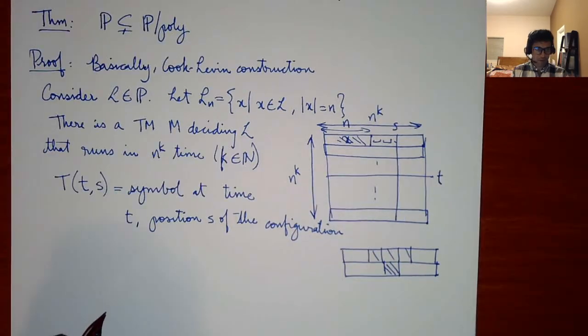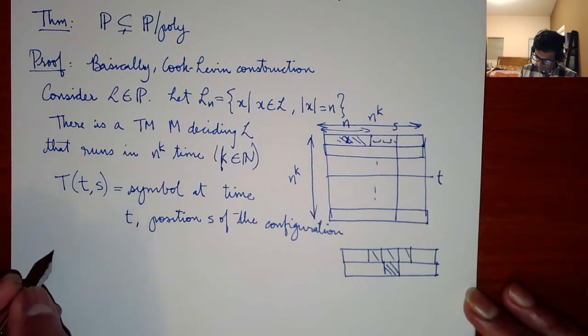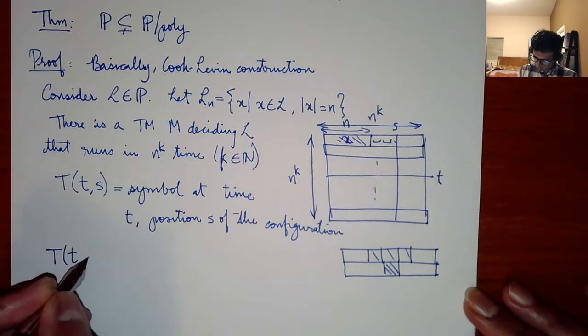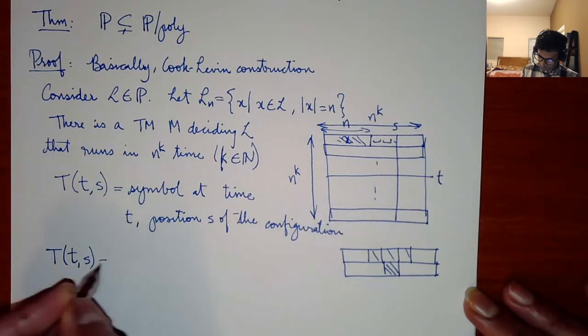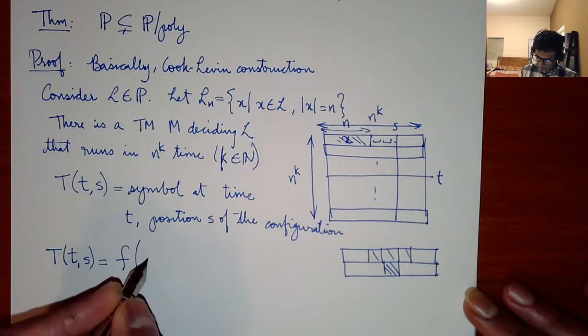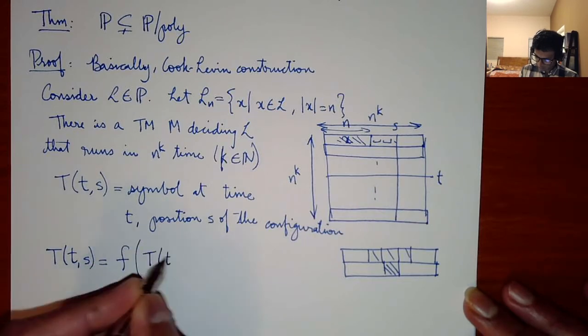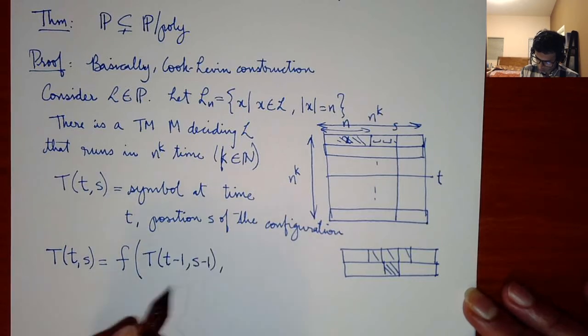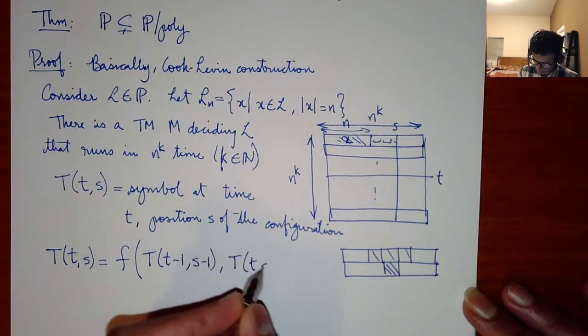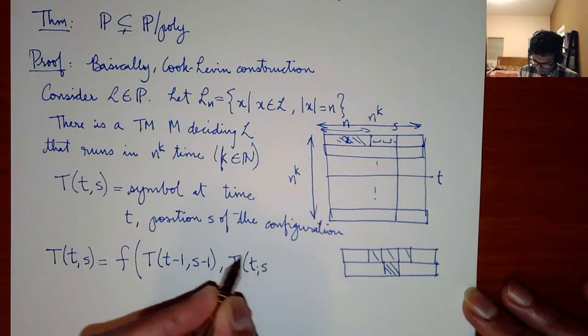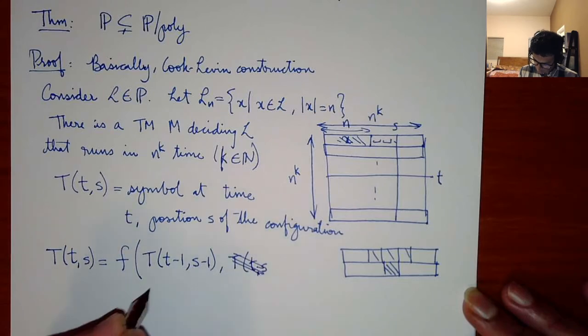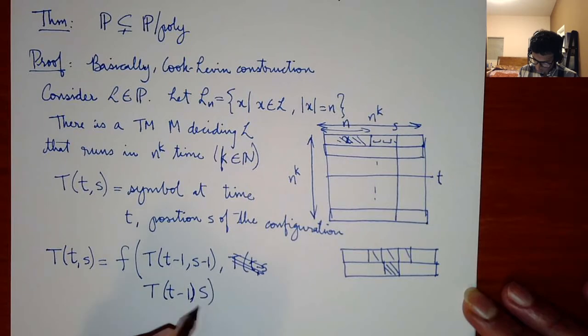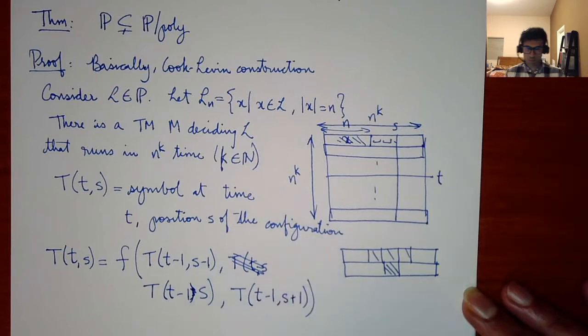And this is some fixed function that depends on the Turing machine. So T of t, s is just some function of T of t minus 1, s minus 1, T of t minus 1, s, and T of t minus 1, s plus 1.